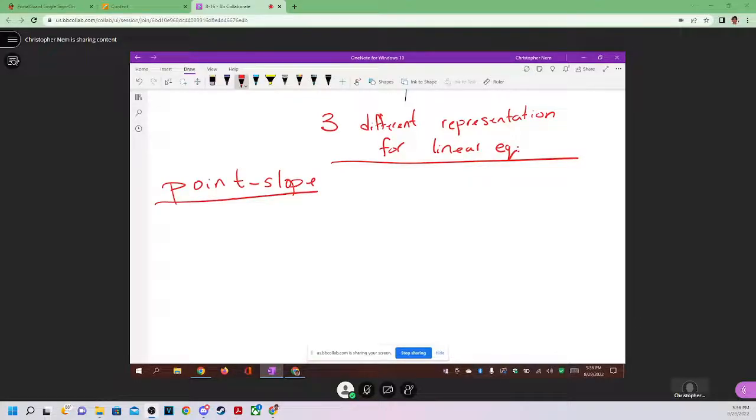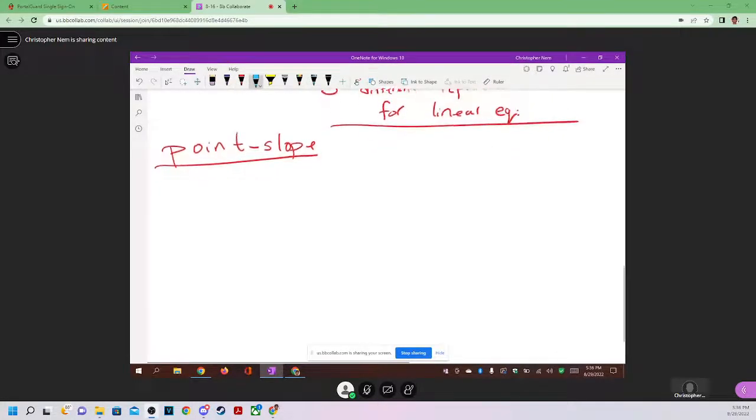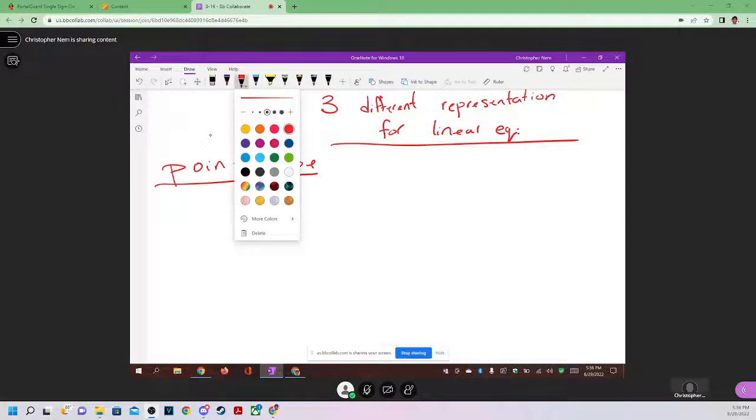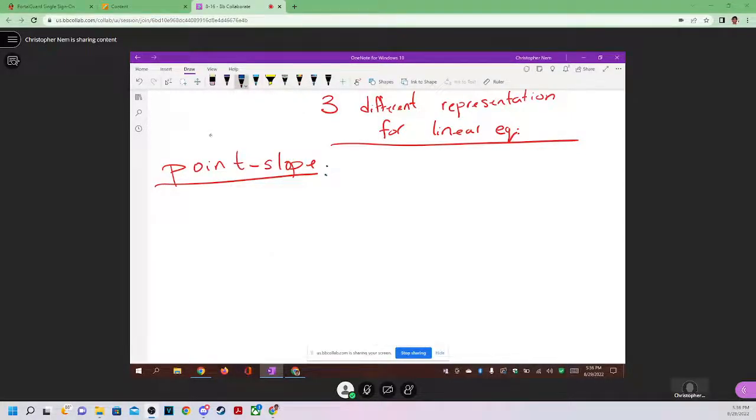Point slope. And this is going to be in the form of y minus y1 equals m times x minus x1. I don't like this color.